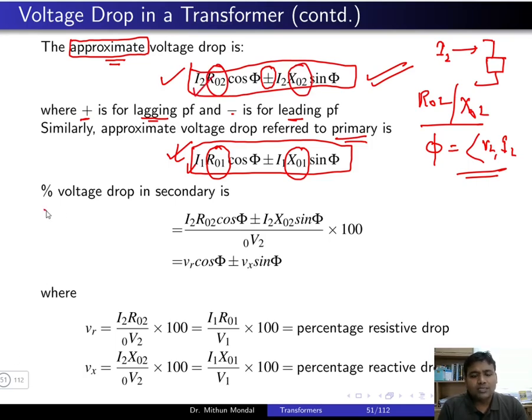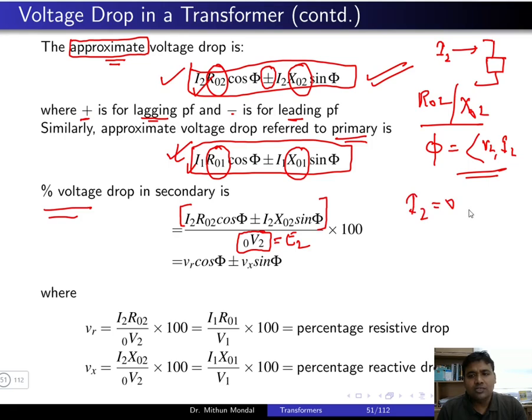Then what is the percentage voltage drop in the secondary? The total voltage drop is I2R02 cos theta plus minus I2X02 sin theta. If you divide it by the no load voltage on the secondary side, which will again be equal to E2, right? Because when you do not have any load connected on the secondary side, then your current I2 will be 0.